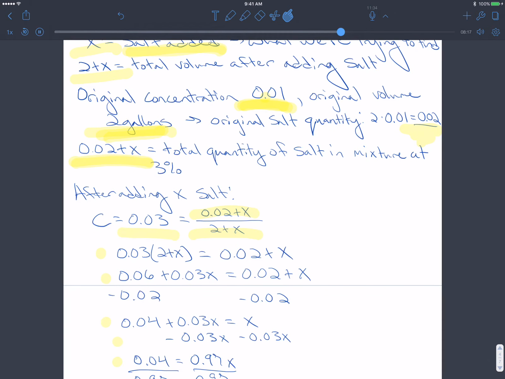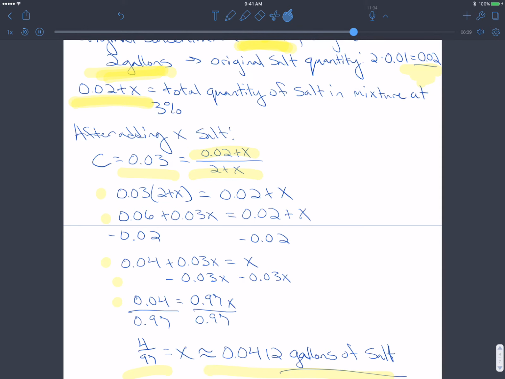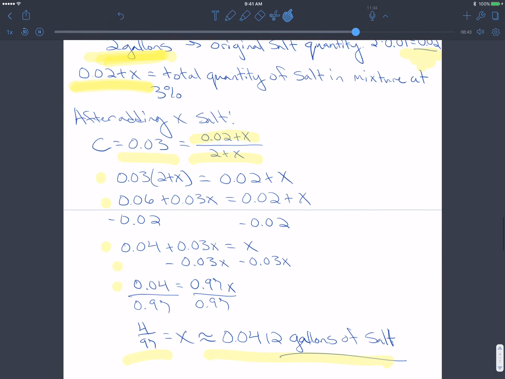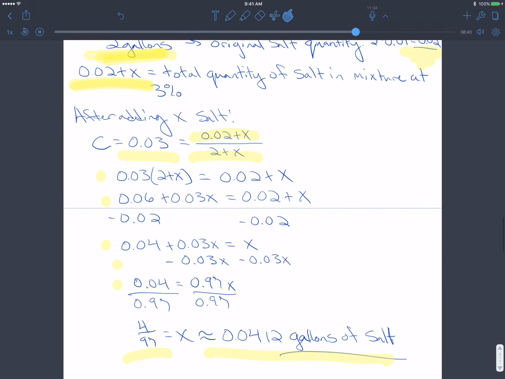If you put it in your calculator, that's approximately 0.0412 gallons of salt to be added in order to raise the concentration from 1% to 3% in a 2-gallon solution. I do suspect that this is difficult, so please feel free to send me any questions that you do have, and we will spend time on this in class.